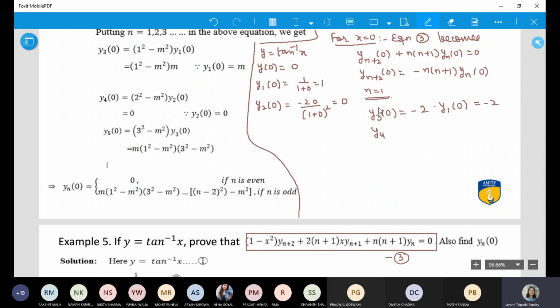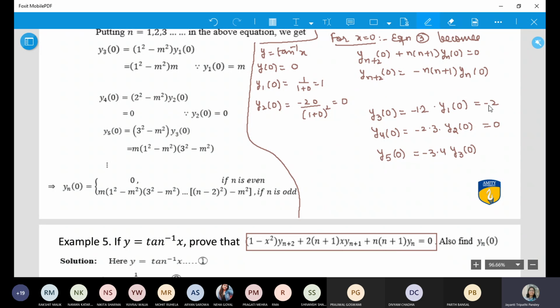Now y40: n is 2, so minus 2 into 3 into y20, and y20 is 0, so this is 0. y50: we put n equal to 3, so it is minus 3 into 4 into y30.